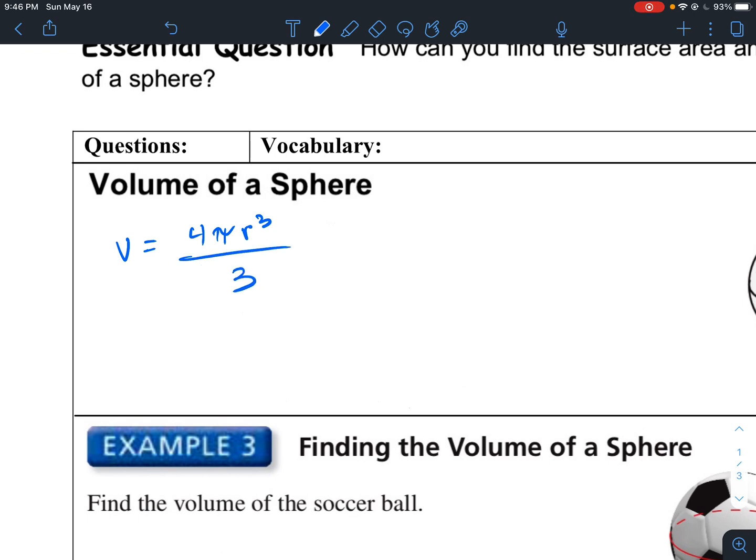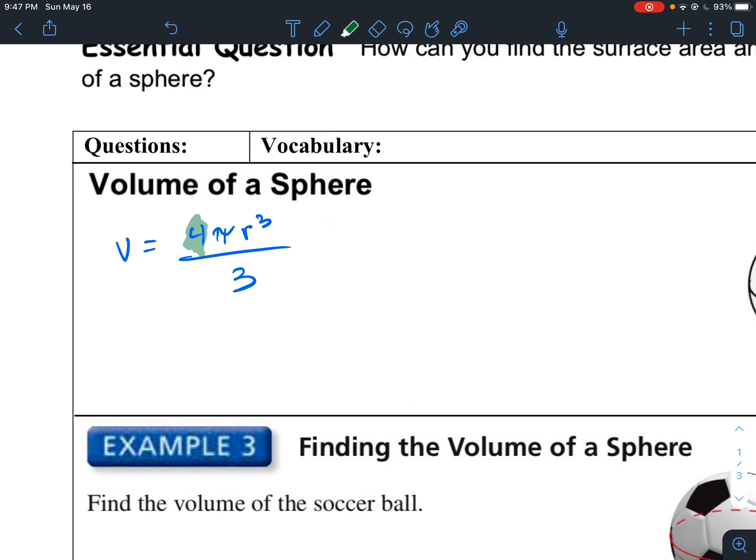divided by 3. Okay. Now, if you think of different formulas that we've gone over, there's volume of a cone, which was like pi r squared divided by 3. So just notice some differences here between all those. But notice here that the radius is being cubed, and there's a 4/3.